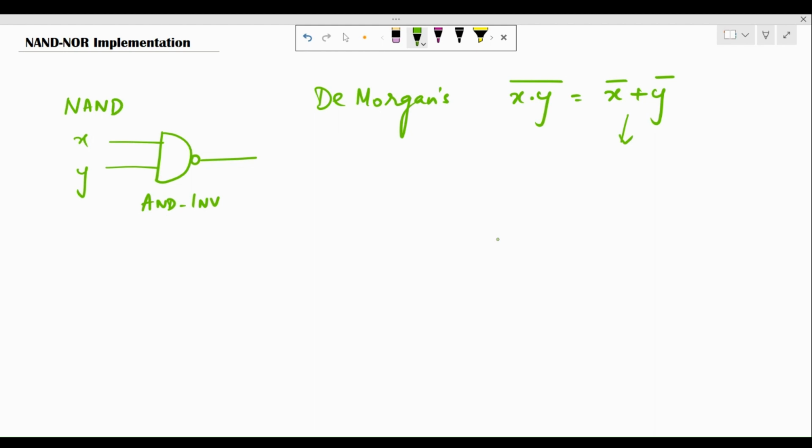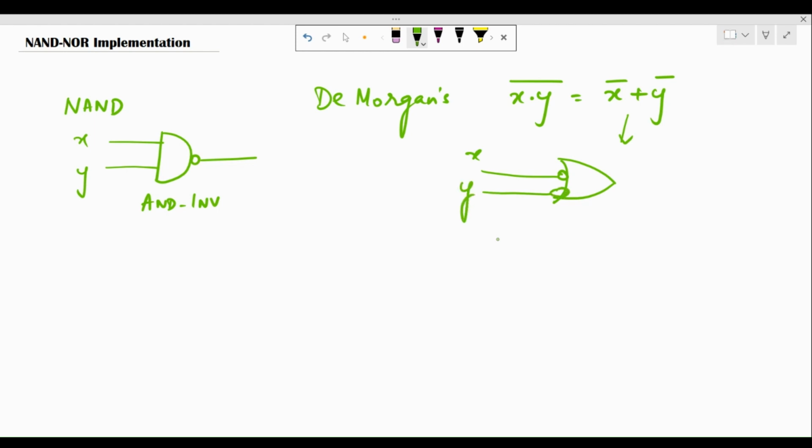So now let's try to implement this function. We need an OR gate over here, and we have, say, the same inputs x and y that are available to us. Before we allow the signal to enter into the logic gate, we introduce an inverter into it. So if this is x, what goes into the gate is going to be x bar. Similarly, if this is y, what goes into the gate will be y bar.